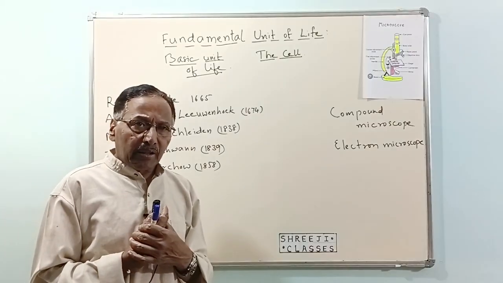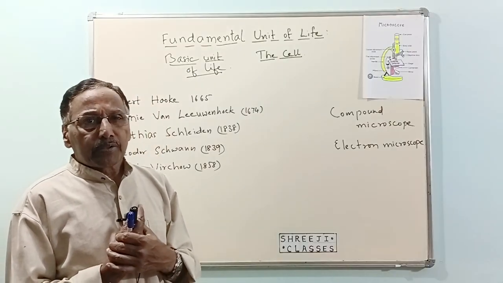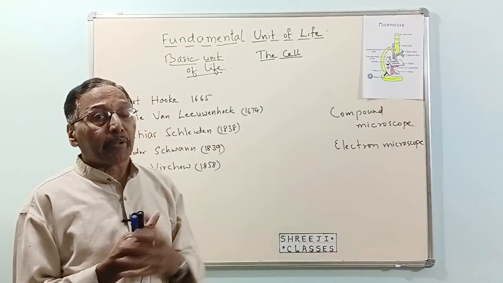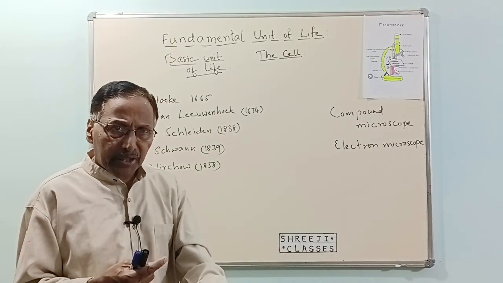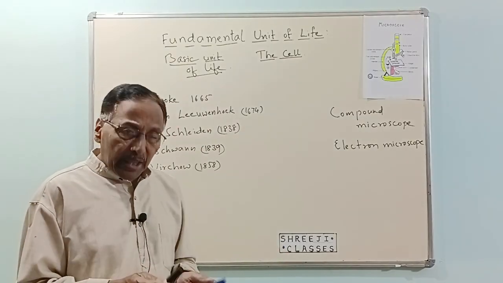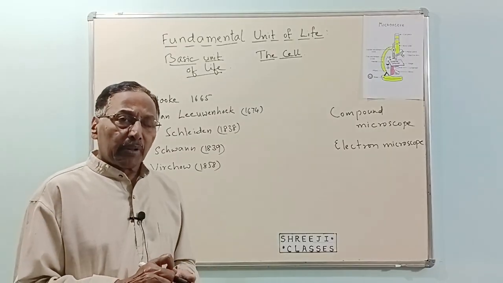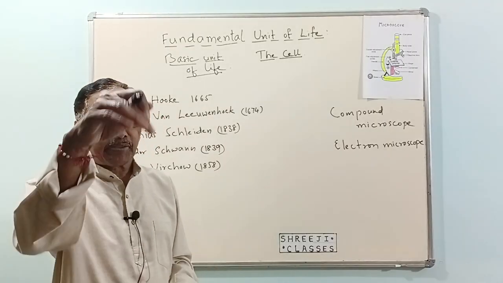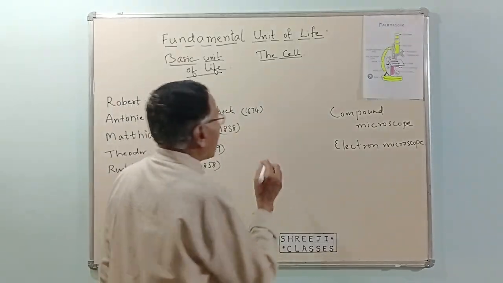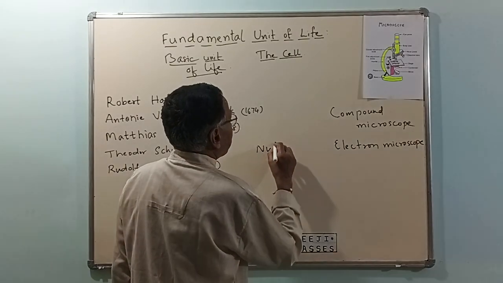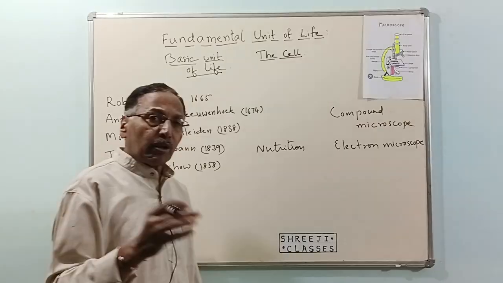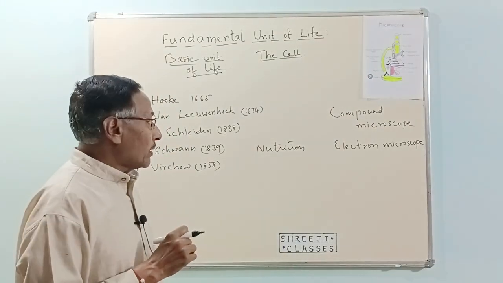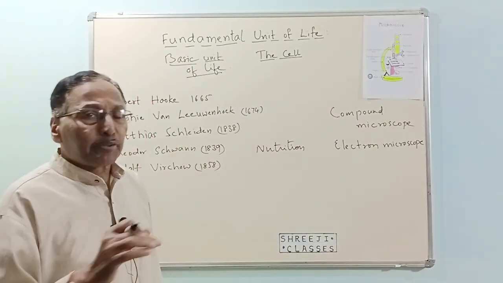See, as a living organism, certain activities are being performed. What do you mean by activities performed? To show that something is living, there are some characteristics or activities which show that a thing is living. For example, taking food. Taking food we call nutrition. Why does any organism need food?